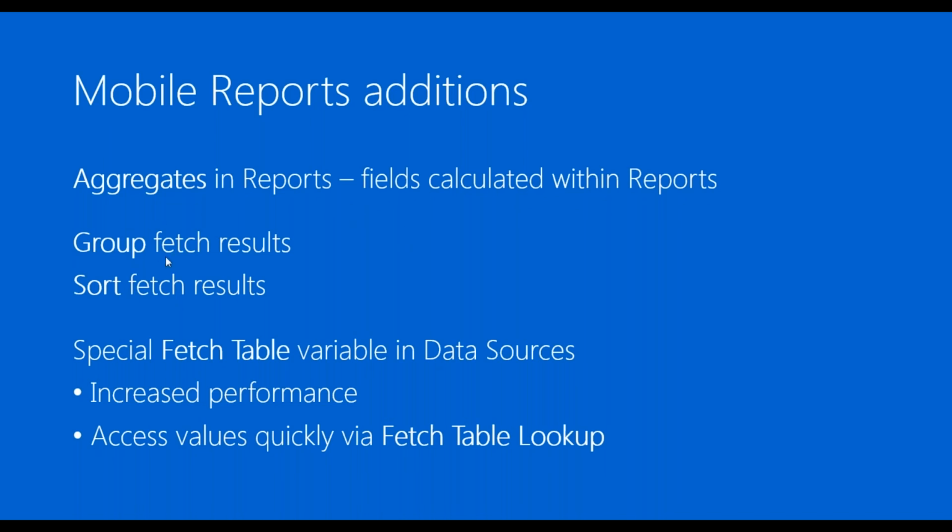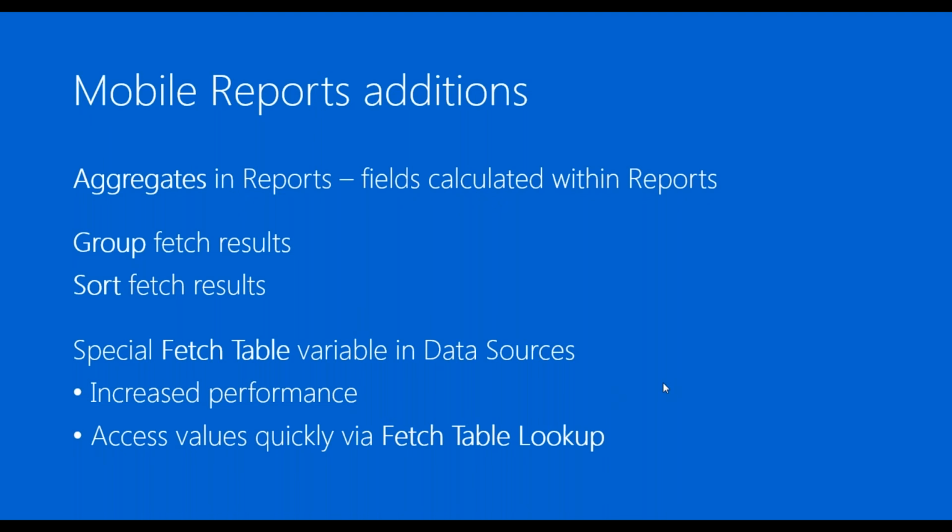Now you can add aggregates or calculated fields into reports. Additionally, and what you would expect, these aggregates can be grouped and the whole fetch can be sorted. So again, additional features to make the reports more business oriented.